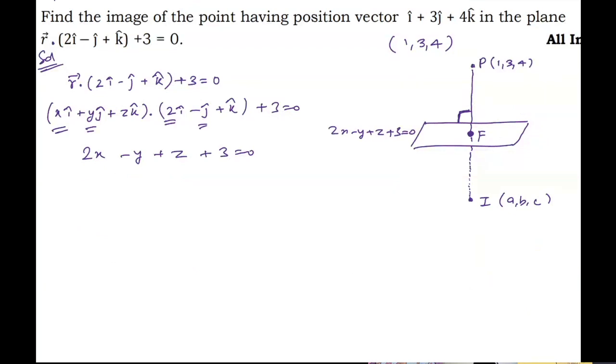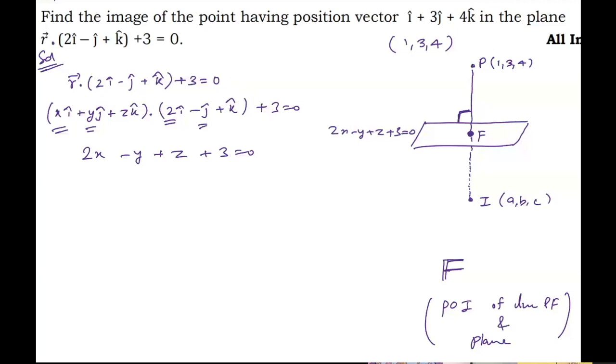Okay, now what can we do? Can anyone tell me how to find point F? We have just learned what F is. What is F? Midpoint formula? No, we don't have I here, beta. Shortest distance? No, that is another thing. See, I'm saying F is nothing but the point of intersection of line PF and the plane.